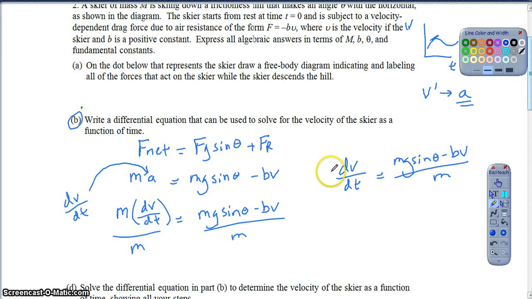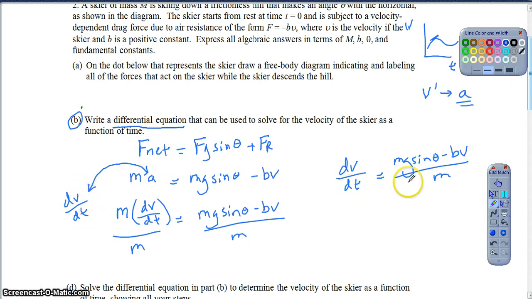What this is really saying is the derivative of the velocity, which is the acceleration, equals this whole expression over here. So when they ask you to write a differential equation, they want you to write the equation that represents the derivative of a function. Usually for us, that's going to be relating to the acceleration or to the velocity function in some way, shape, or form. So in this case, it was using the acceleration and then realizing the acceleration is really just dv/dt.